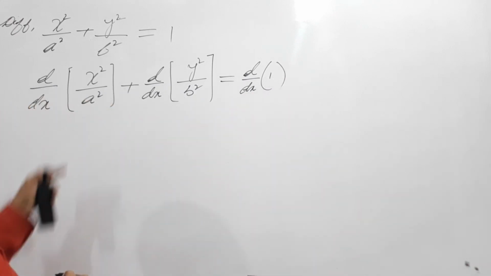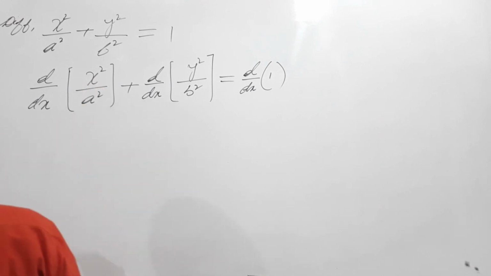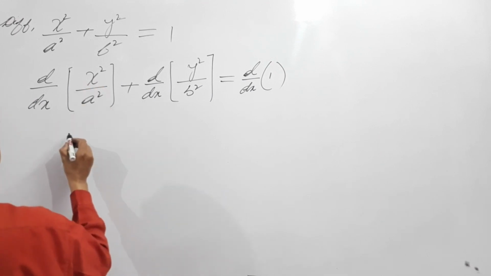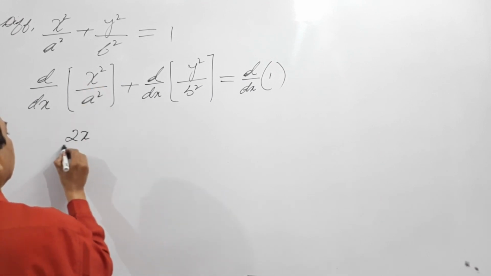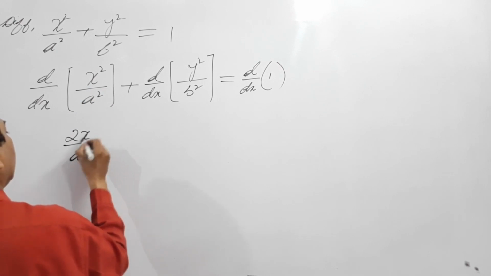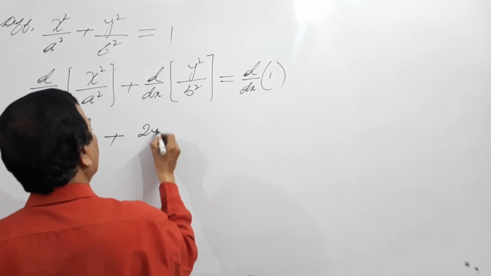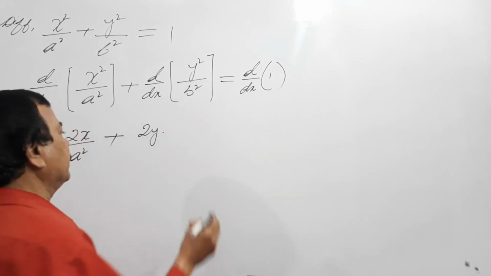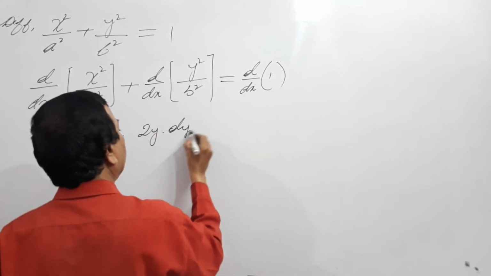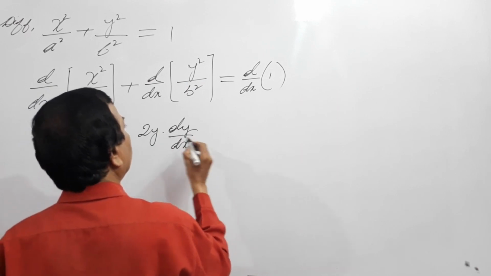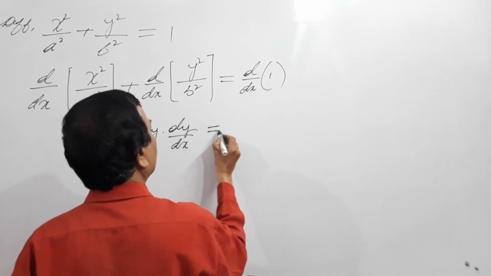So straight away we differentiate this. If you differentiate x square, it becomes 2x by a square, plus this becomes 2y by b square, and differentiation of y is dy by dx, dy by dx.